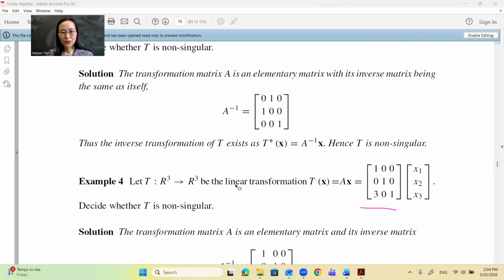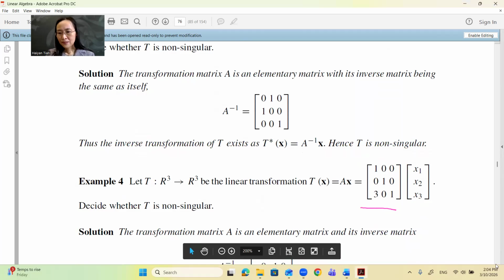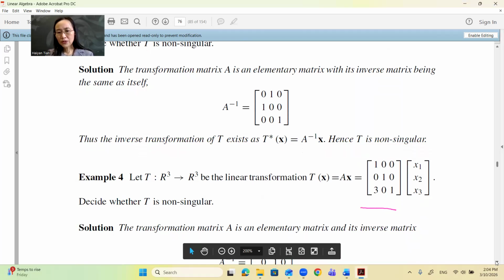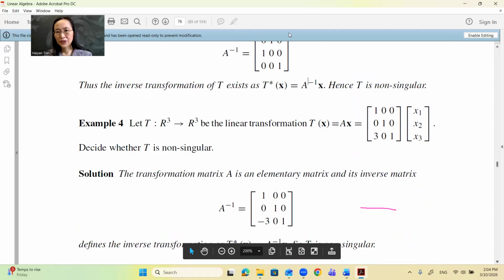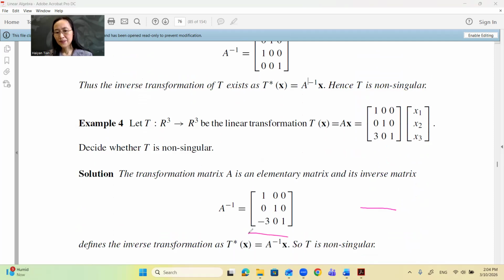Therefore, it's also non-singular. If you want to tell exactly the inverse for this one, it is another elementary matrix. You see, inverse of this matrix, right? It's very similar, but with a negative sign here, -3.